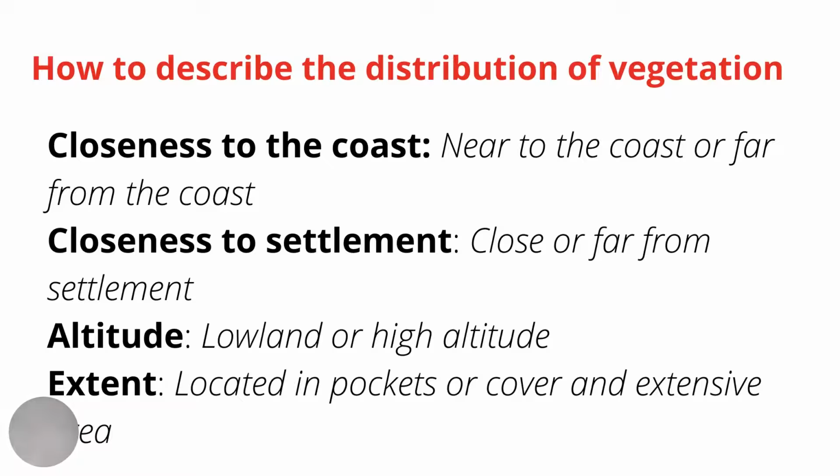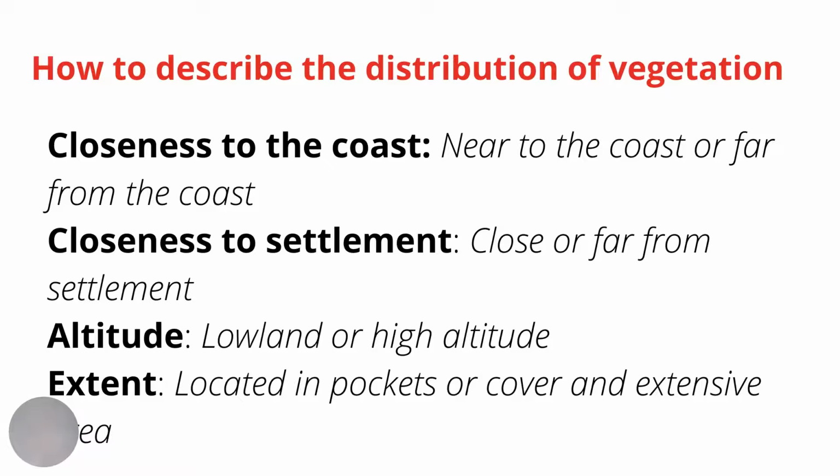Now, when you are talking about where they are, there are different ways that you can talk about where they are. You can talk about where they are in terms of grid reference. You can talk about where they are in terms of compass direction, whether they are to the east or to the north or to the south. Or you could talk about where they are in relation to other features.